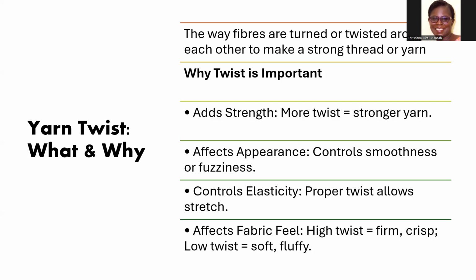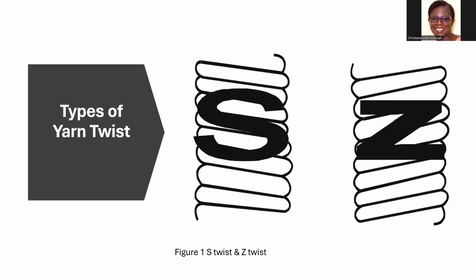So the proper twist allows stretchability of the fabric or of the yarn, and it affects the feel of the yarn or of the fabric. With high twist, the fabric is very firm and crisp, and with low twist, the fabric is soft and fluffy. So yarn twist is very important. You need to know as fabric users.